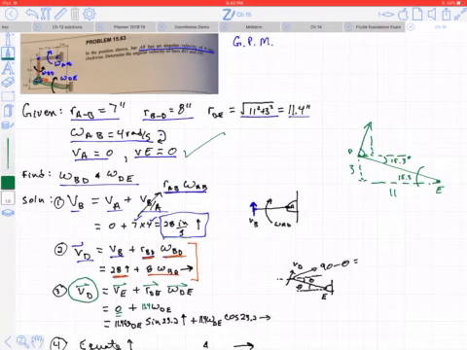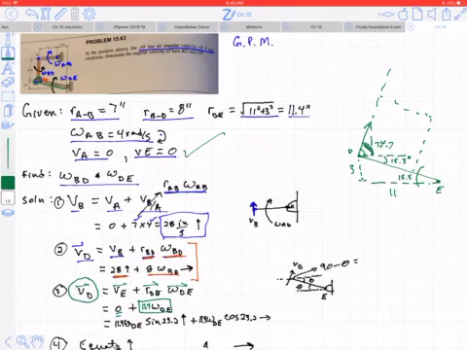And if this is perpendicular, then the angle here is 90 minus 15.3, or 74.7. So 74.7 degrees is this 11.4 omega DE. That is at an angle of 74.7 from the horizontal.